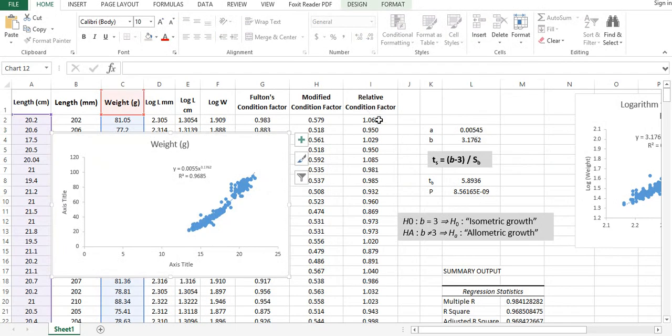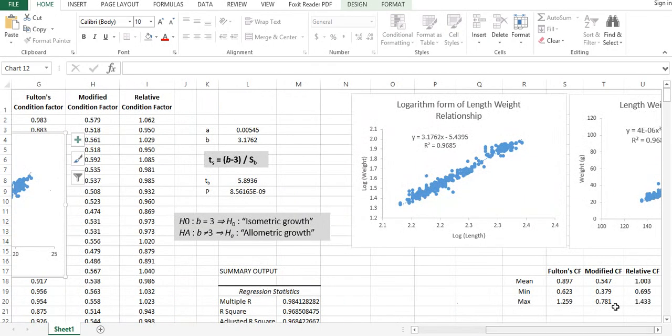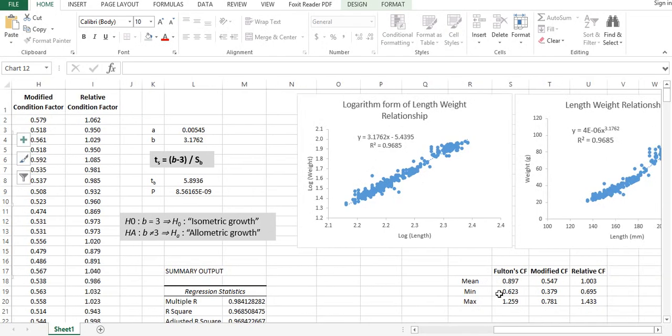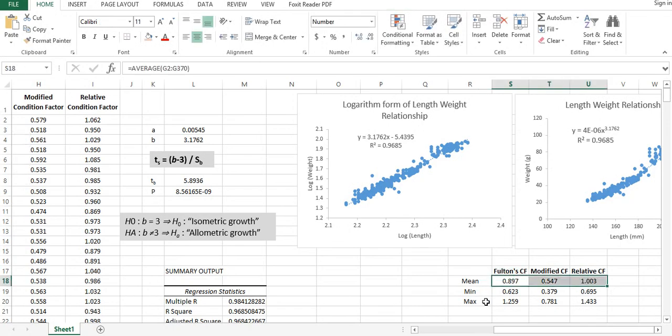Then the mean of the Fulton condition factor, modified condition factor, and relative condition factor are here, along with the minimum and maximum values. That's all about a few important things regarding the length-weight relationship and the condition factor.